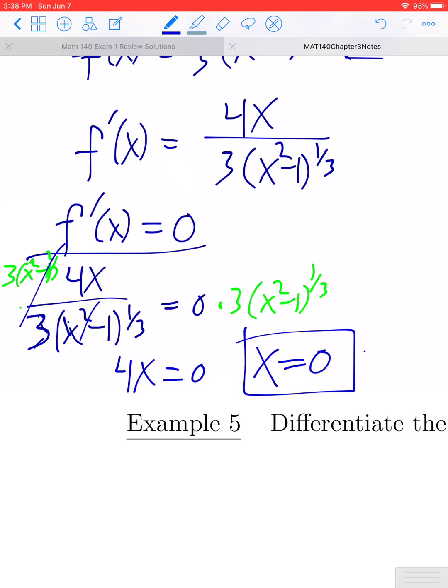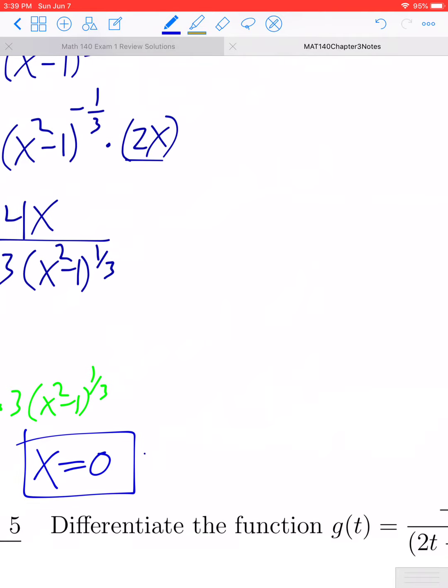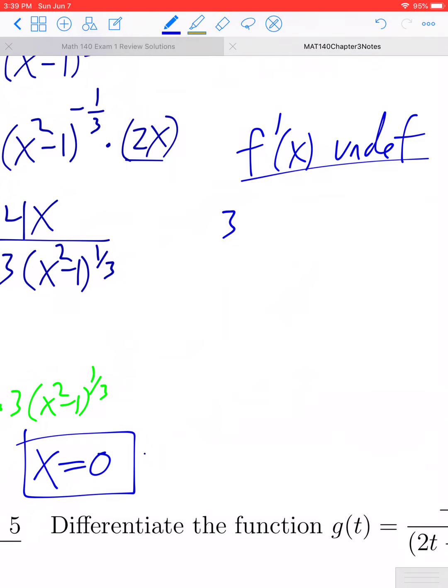We also would like to ask the question, well, where is f prime undefined? Well, f prime is represented by a fraction, and we know that anywhere the denominator is equal to 0, that operation will be undefined. So let's solve this for x. Divide by 3, divide by 3.